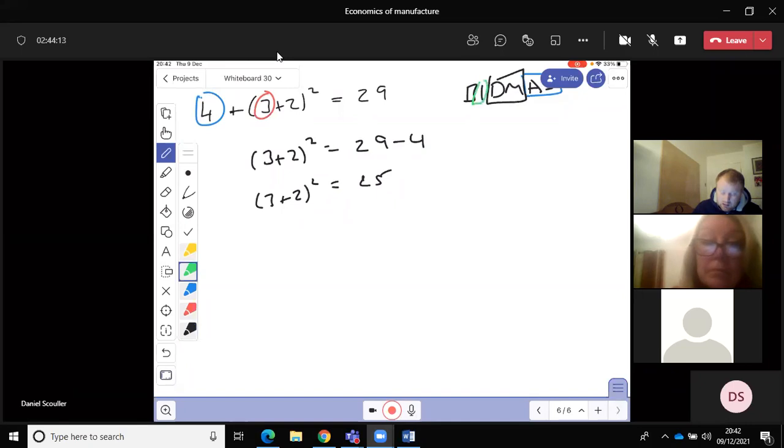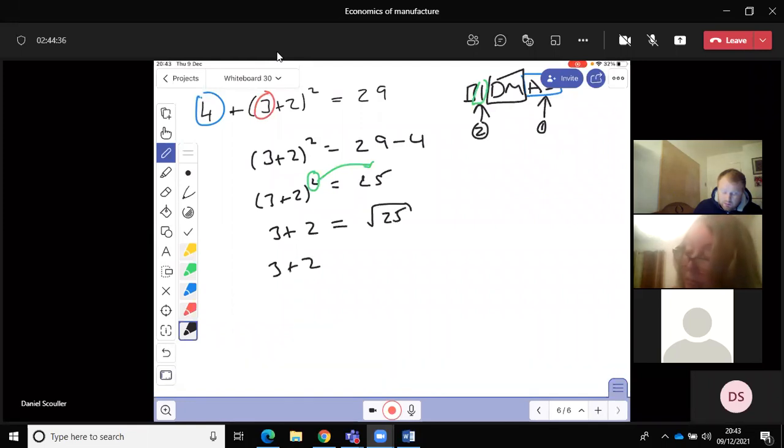There is an index, so that will be the second part we move across. As soon as we move that index, we don't need the bracket on the left hand side anymore. That becomes root 25. So change side, change sign.